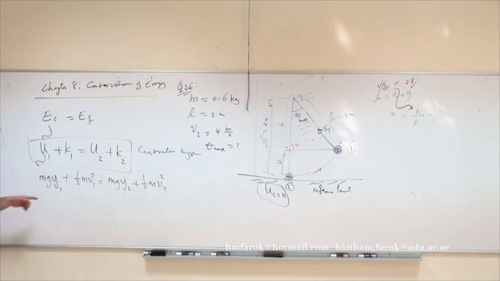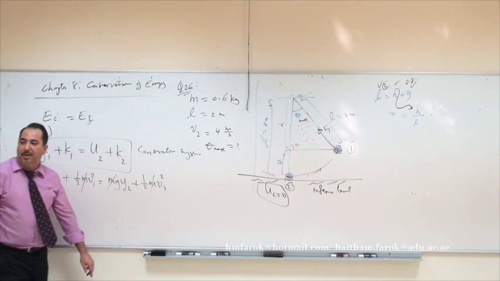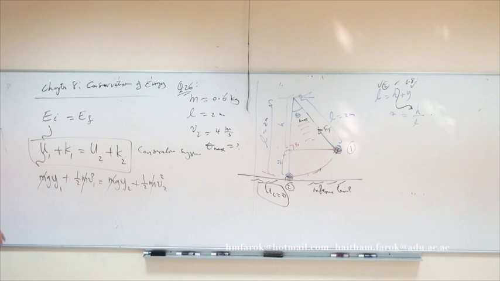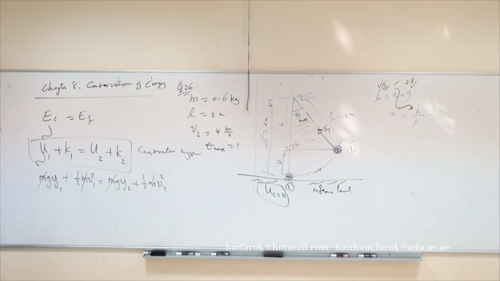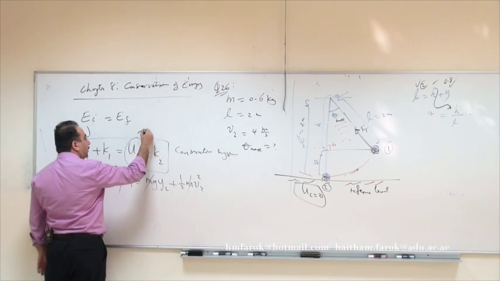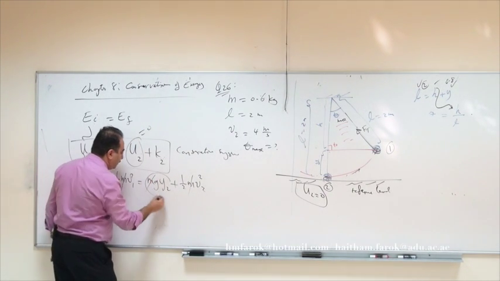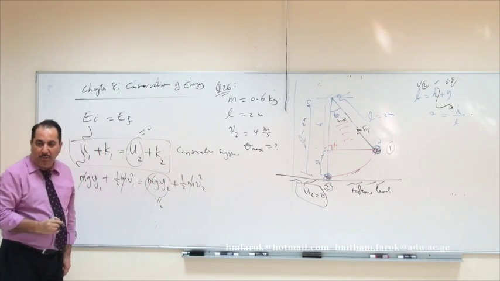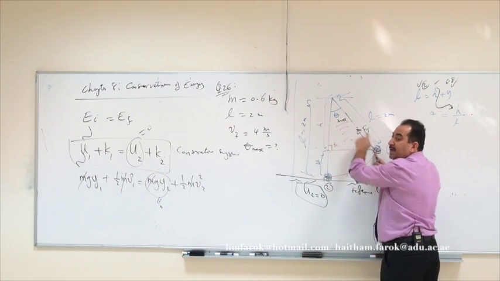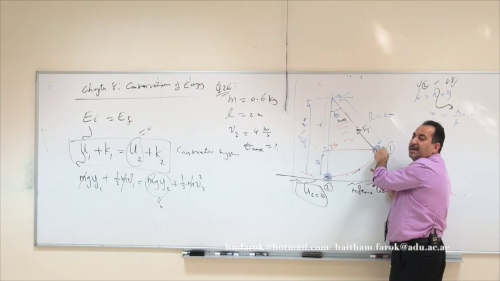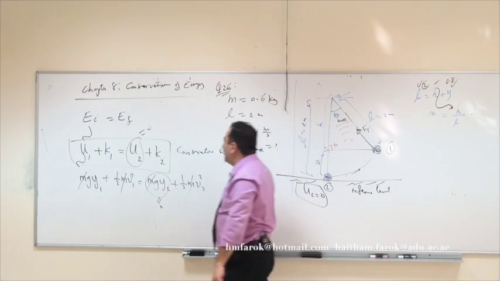You can see when you have a conservative system, you do not need the mass. It's common in all 4. So don't look for the mass in the question. You don't need it, if this is the case. Now, where is the reference we said? At point 2. So it means all this is 0, reference. So this is 0. What else? And this question says at point 1, theta is? So how much is the kinetic energy here? So K1 is 0 as well.